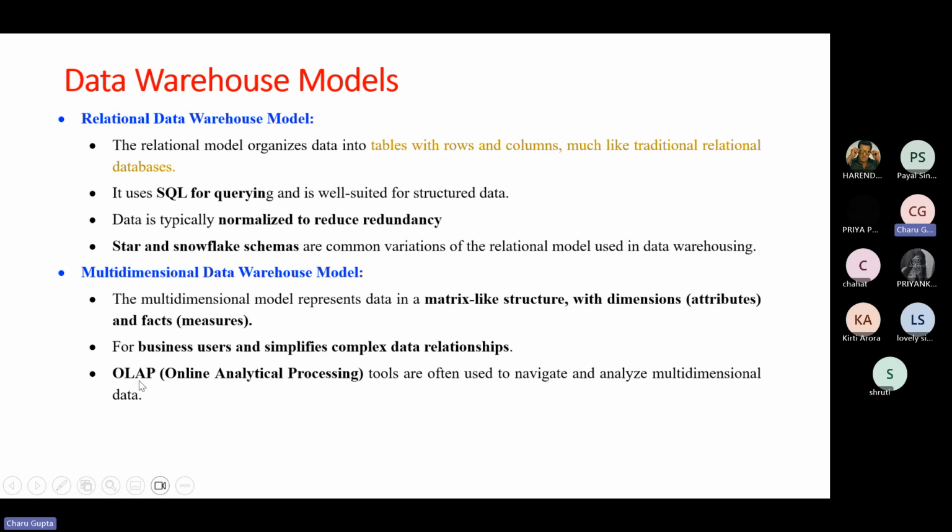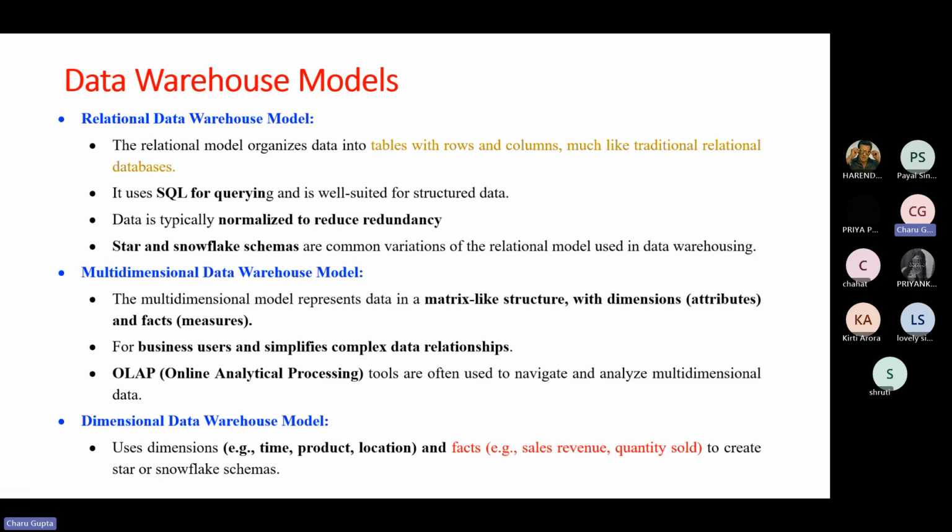The example is OLAP, online analytical processing. And the third one is the dimensional data warehouse, wherein there are three dimensions: time, product, and locations, and facts to create snowflake or star schema.